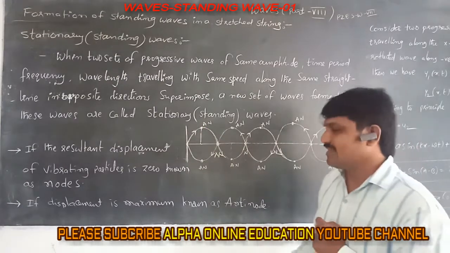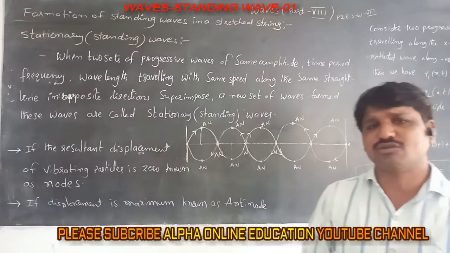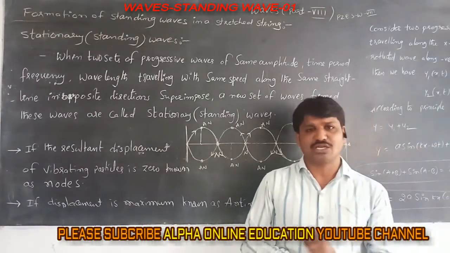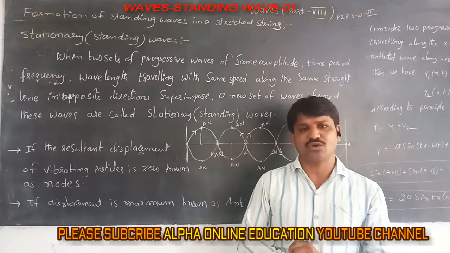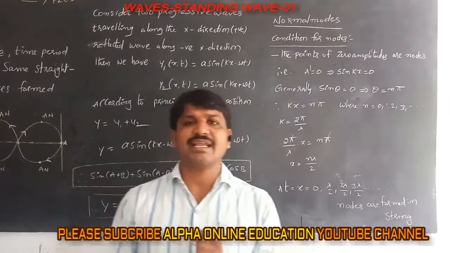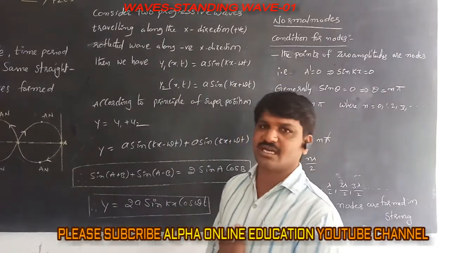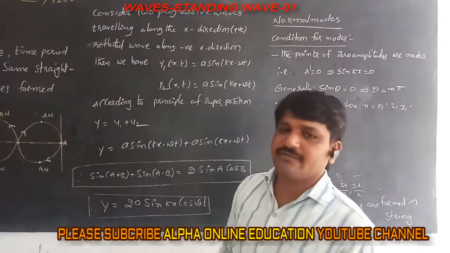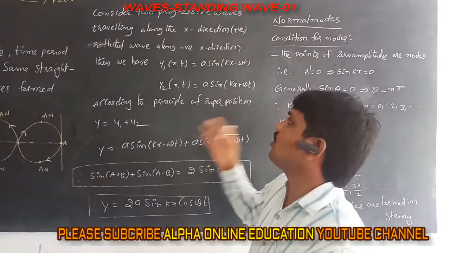Okay. Next, how do we find the values for nodes and antinodes? The determination of nodes and antinodes comes from the equations for standing or stationary waves. Consider two progressive waves traveling in a string along a straight line.